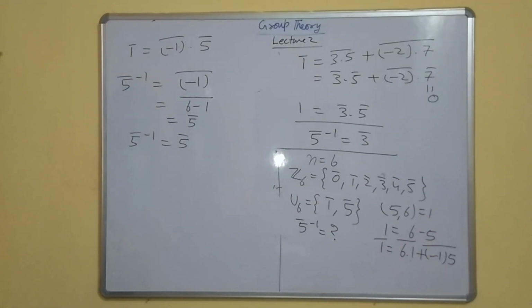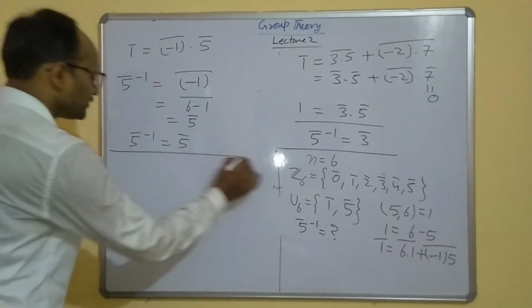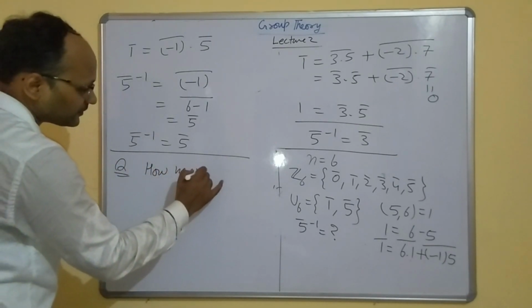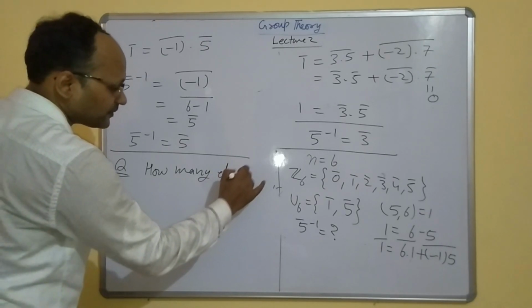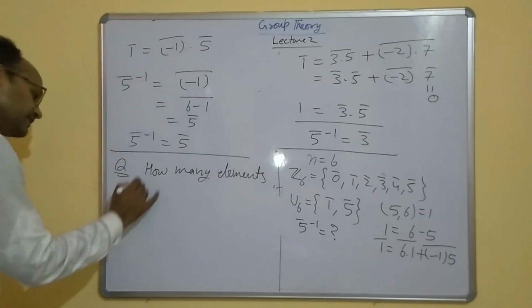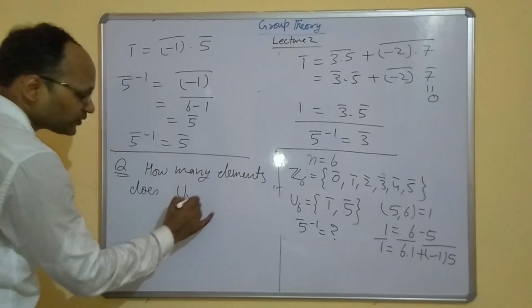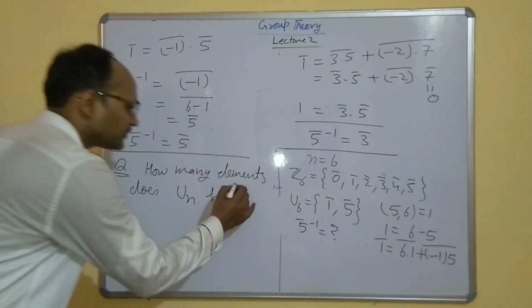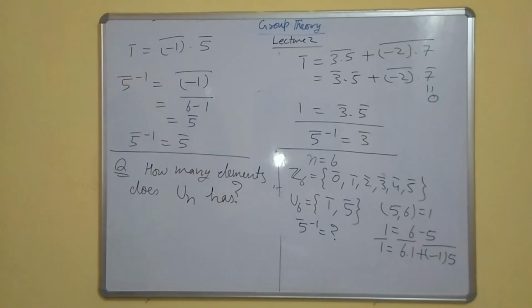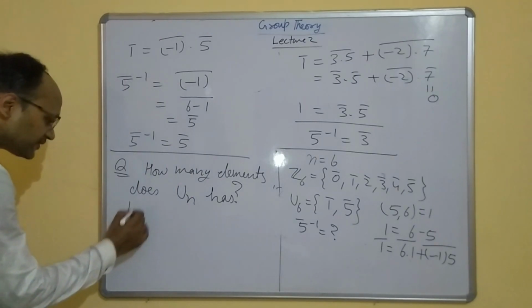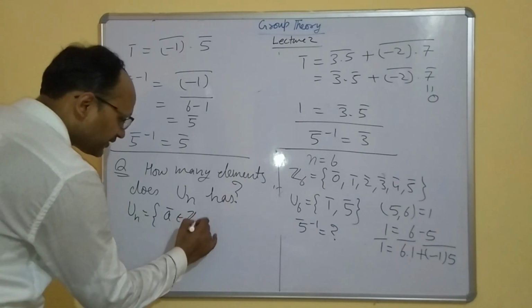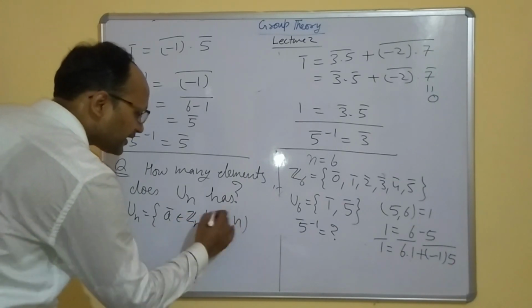One question you may think: how many elements does Un have? The answer is that Un has those elements A bar in Zn such that the GCD of A and n is 1.